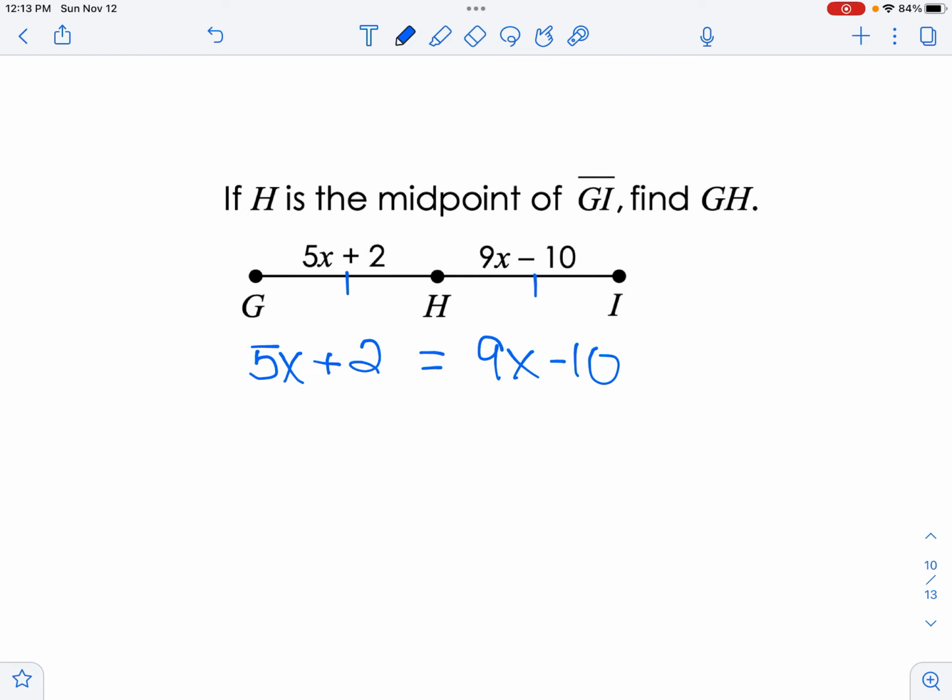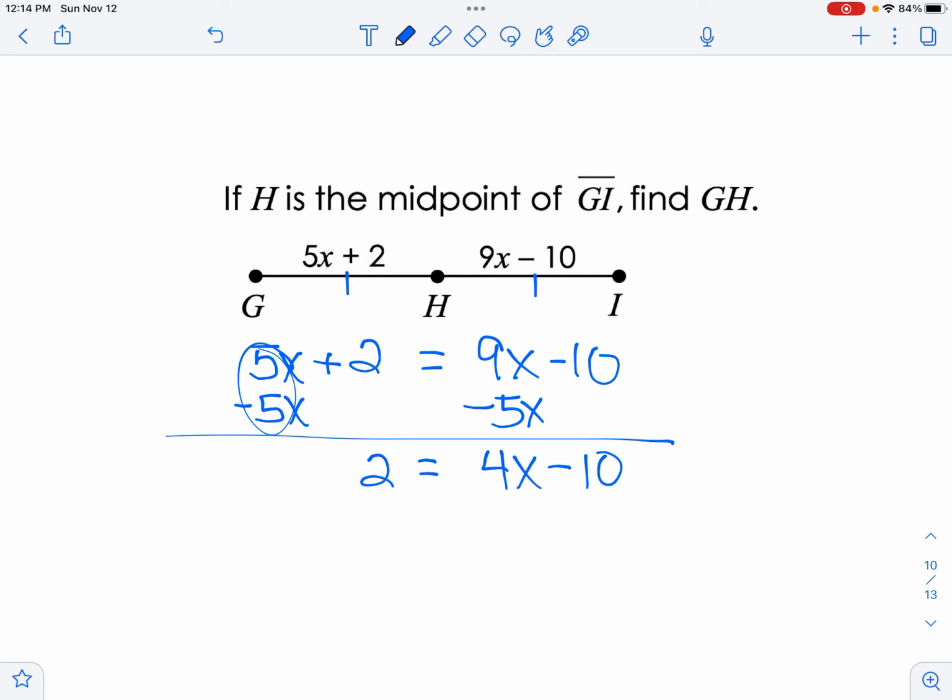Okay, so now I just want to do a little algebra. Get all your x's on one side. Again, it doesn't matter which one you get rid of. I'm going to get rid of 5x here, but it doesn't matter. I'm going to subtract 5x from both sides. If you got rid of 9x, that works too. I just do the 5x because I like positive numbers at the end.